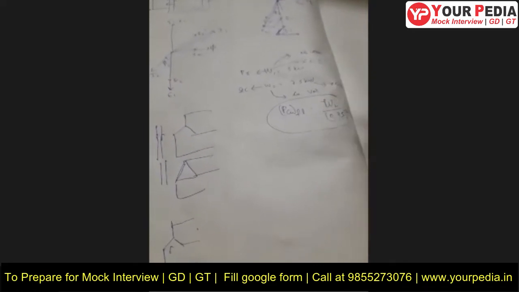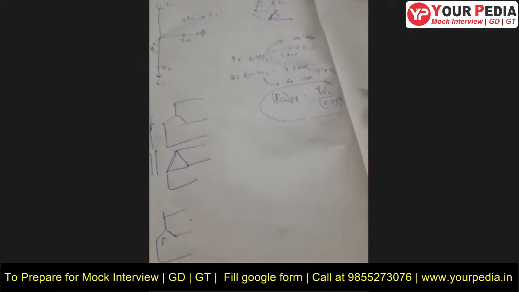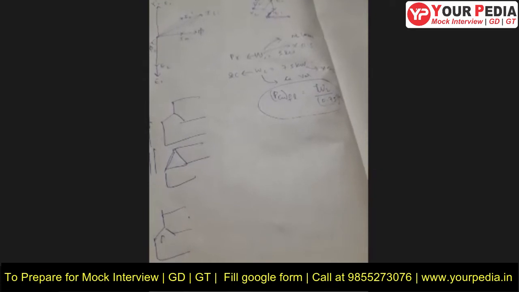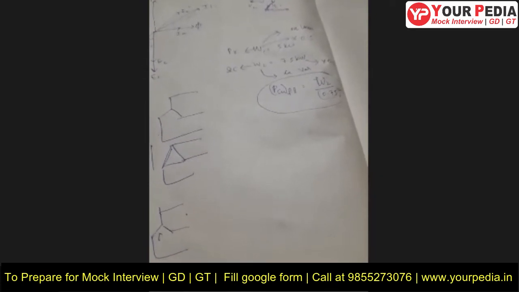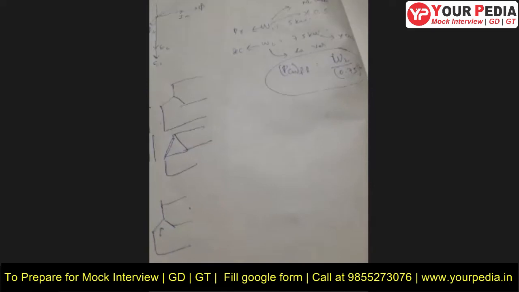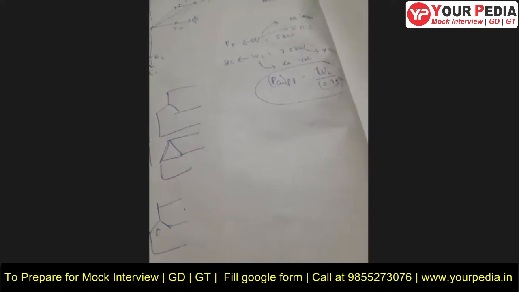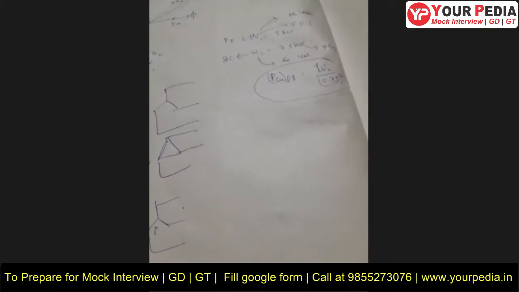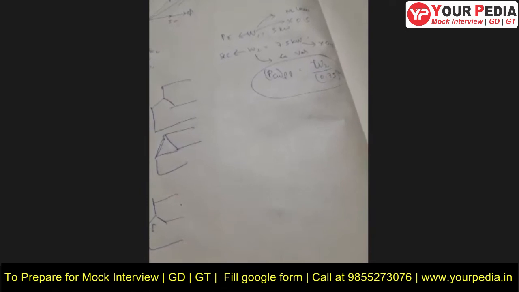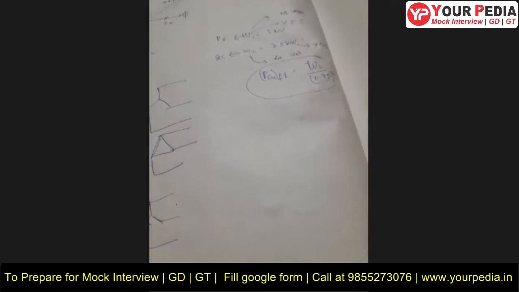Okay. Suppose there is a tendency of the series generator not starting, so we are using the voltage build-up technique. Yes, sir. So what is this voltage build-up? And what is the value of the resistance? Yes, sir.